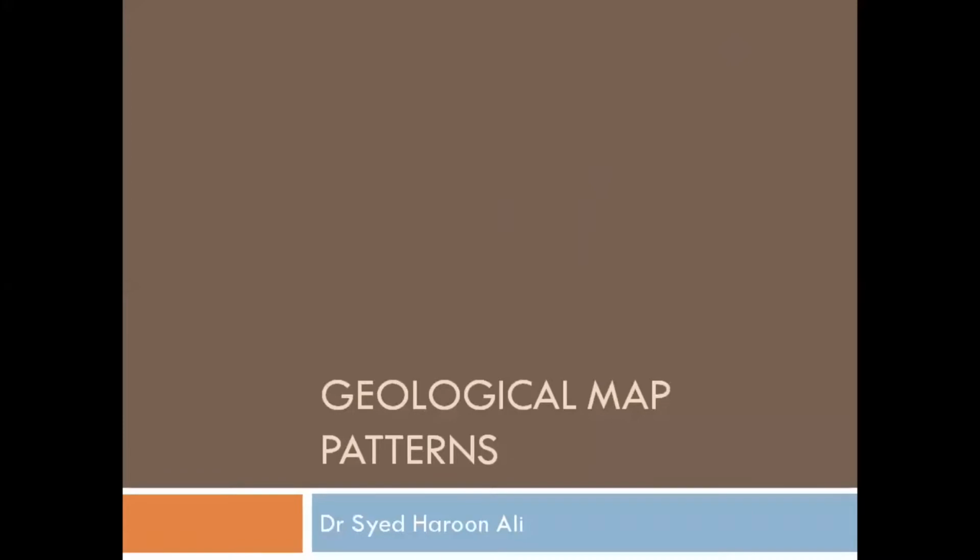Remember, in understanding a geological map pattern, you need a 3D view, you need a block diagram so that you can see and analyze how a geological structure looks in 3D and how it looks in a map view.